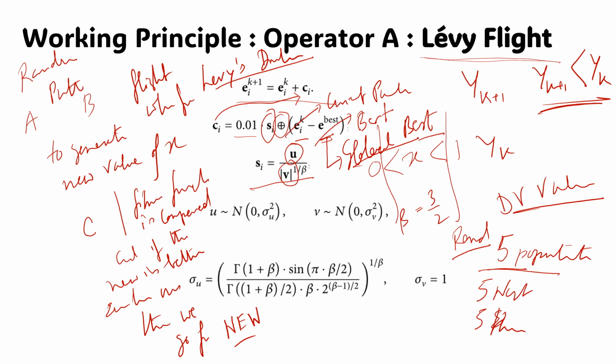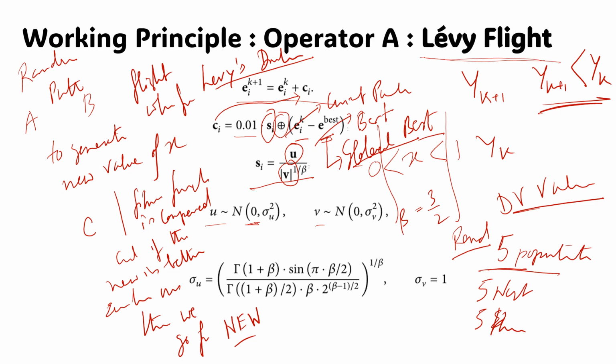And what about this V and U? This U and V follow a normal distribution pattern where 0 is the mean, but sigma U and sigma V are there.